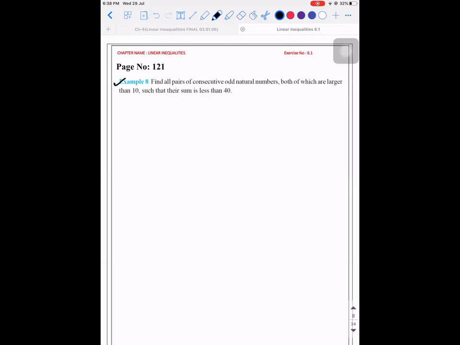So how can you take the odd numbers as X1 and X2? What are the conditions they have imposed? X1 greater than 10 and X2 is also greater than 10. But their sum should be less than 40.